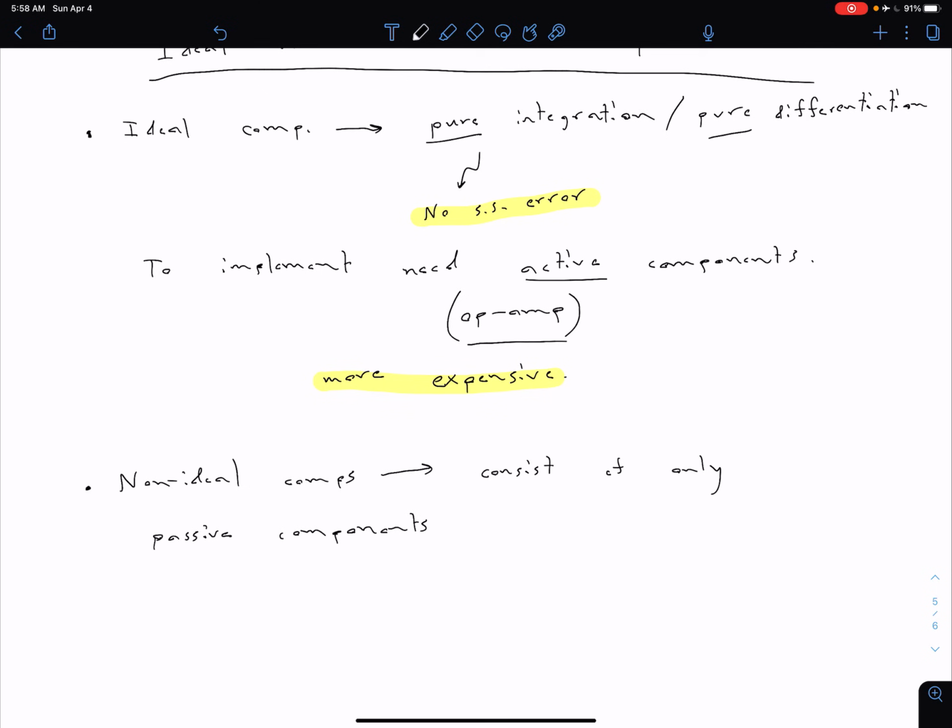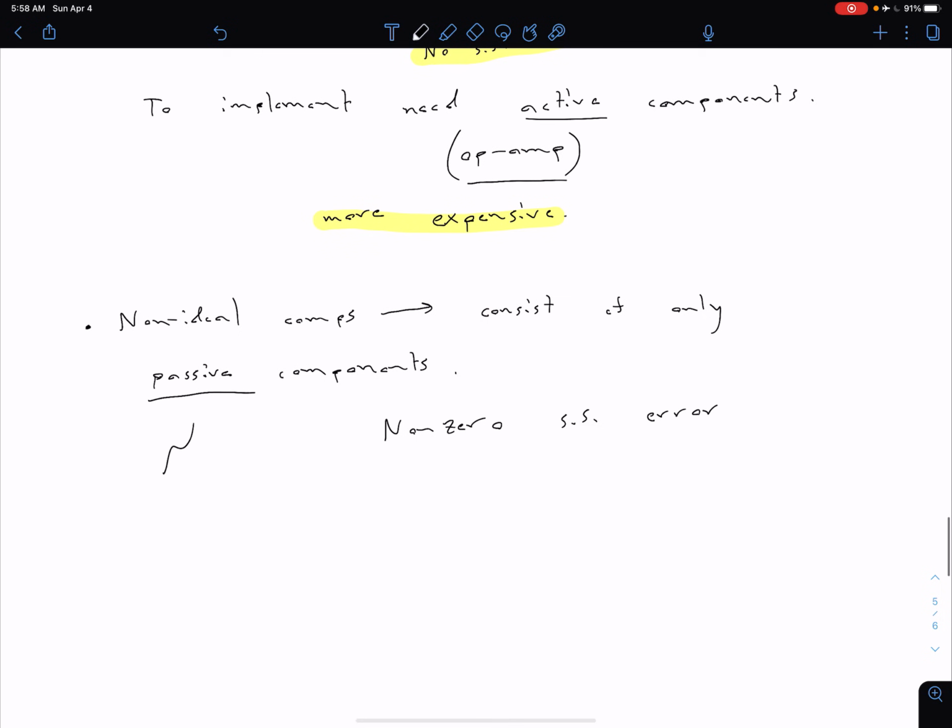And so the result is going to be that we're going to have some non-zero steady state error, because without having a pure integration, we can't drive that steady state error to zero.